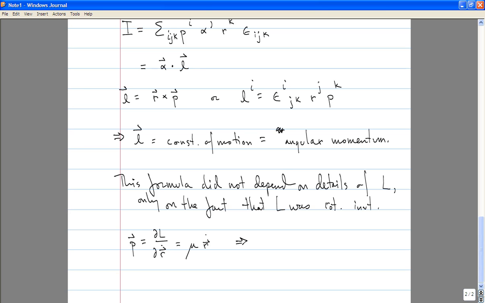So for our problem, the angular momentum vector is mu times the cross product of the position and the velocity. So that is a somewhat more familiar looking formula for the angular momentum, which you probably saw in your previous mechanics classes.